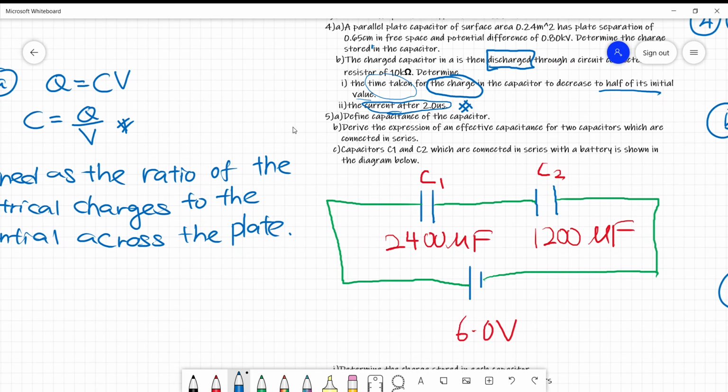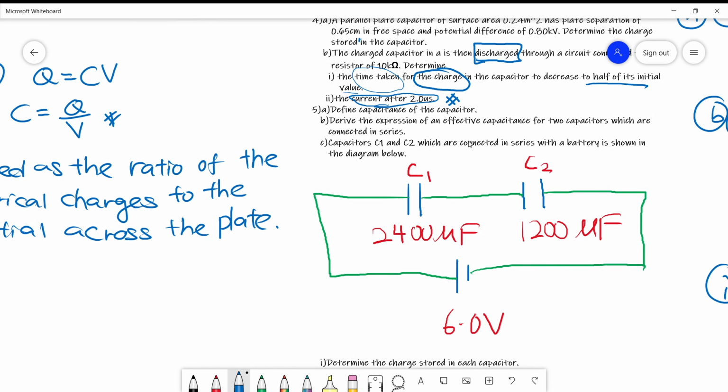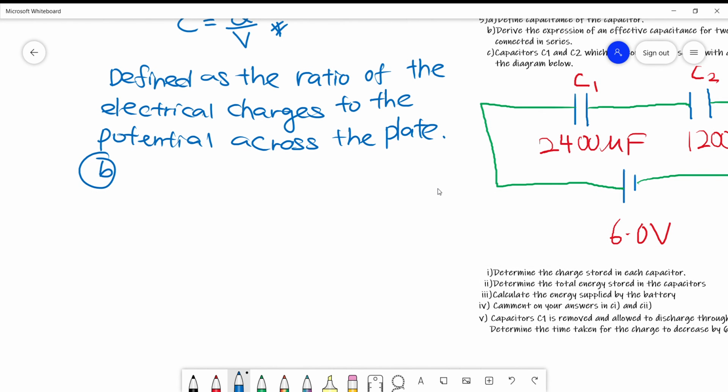For question B, derive the expression for the effective capacitance of the two capacitors connected in series. In series, the potential difference is equal to V1 plus V2.